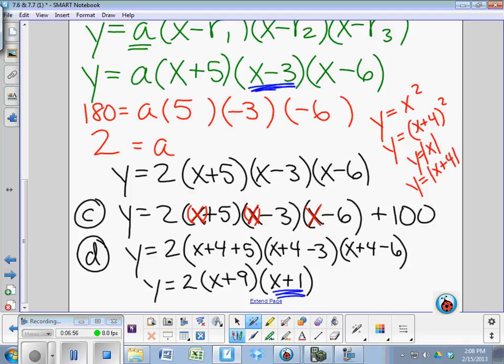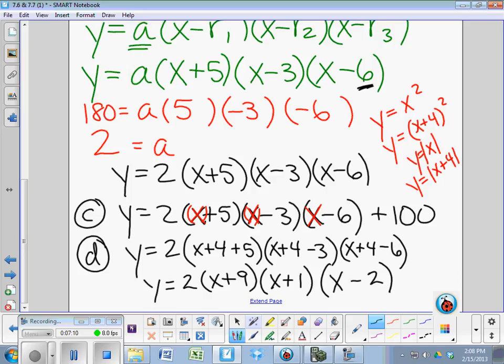This one is negative 1, which is 4 units left. Finally, what's x plus 4 minus 6? x minus 2. We used to have an x-intercept of 6. Now it's at 2, which is 4 units to the left. That concludes this problem. Thank you.